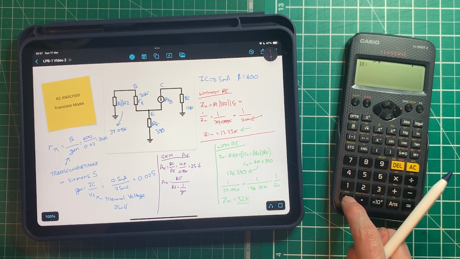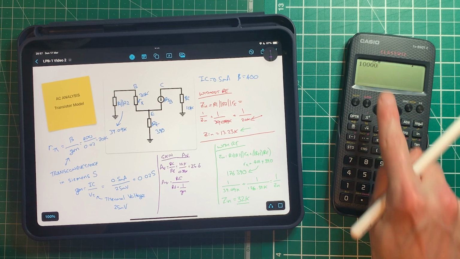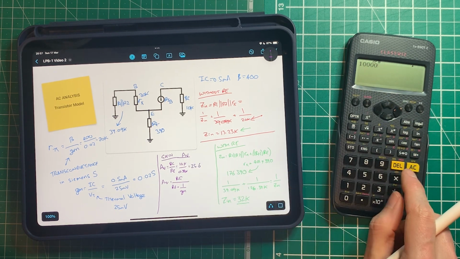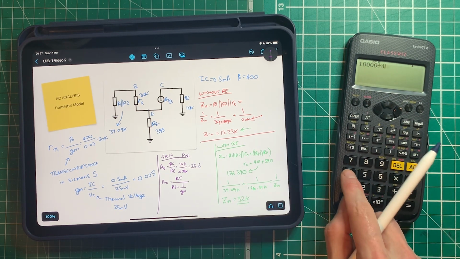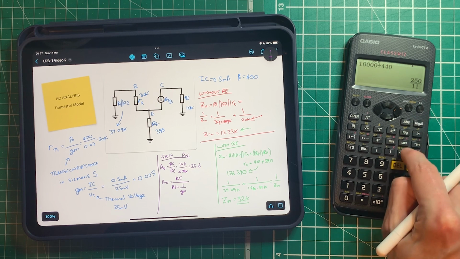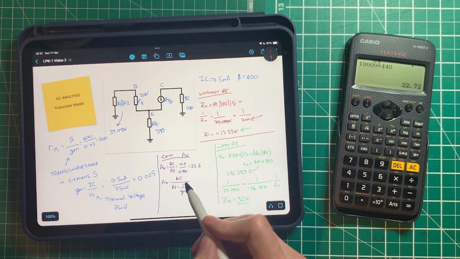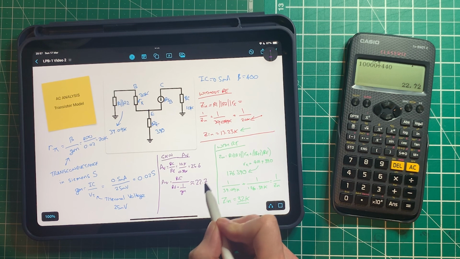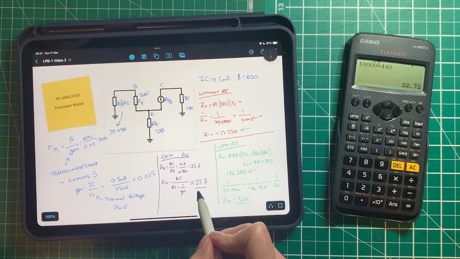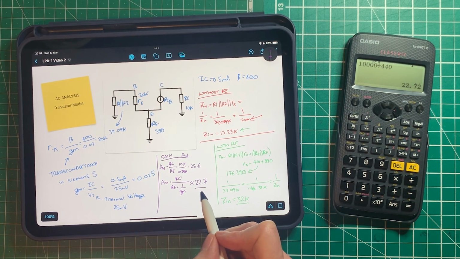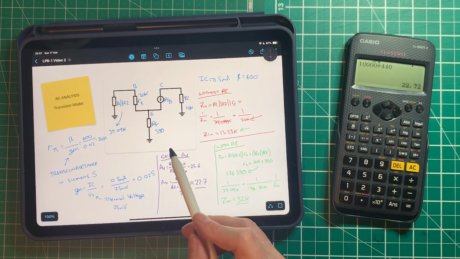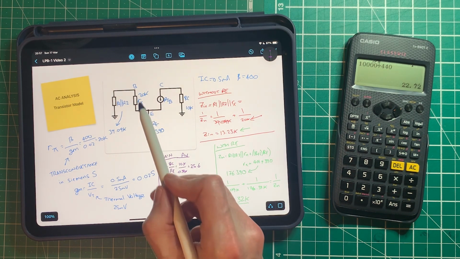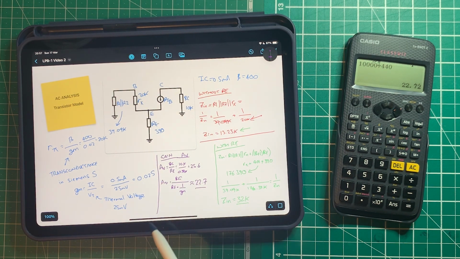So if we take that 10,000 now, that 10K there, and we divide it by 440, we actually get 22.72. 22.7. And this is a much better gain equation because it takes into consideration the transistor and this R-pi resistance here that we've modelled by using the transconductance.